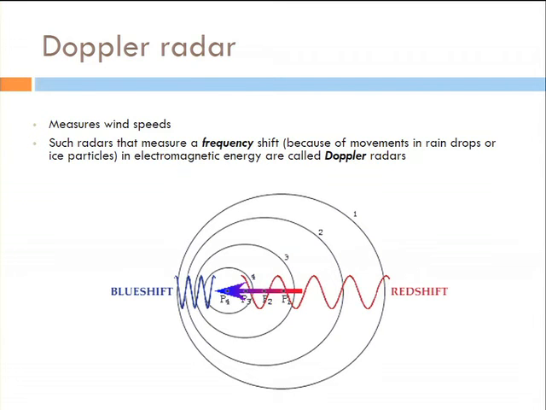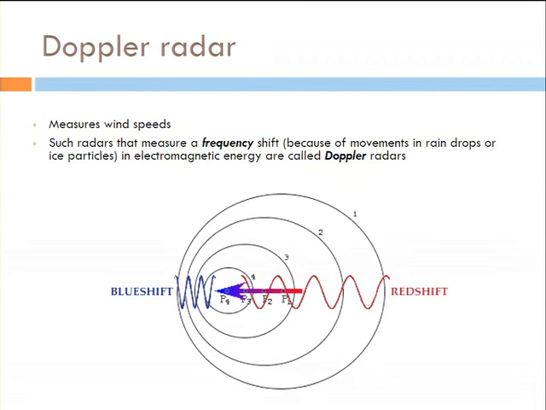So the radar, just like your ear, can tell whether the siren is moving towards you or away from you. The radar can also tell if the raindrop is moving towards the radar or away from the radar. But that's all it can tell. It can only tell if it's moving directly towards the radar or directly away from the radar.